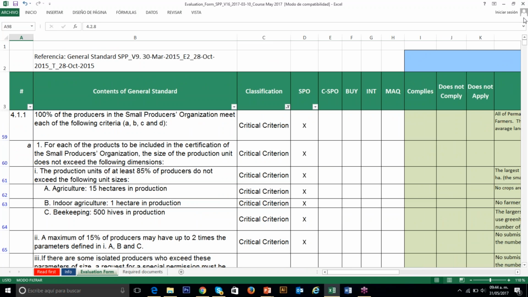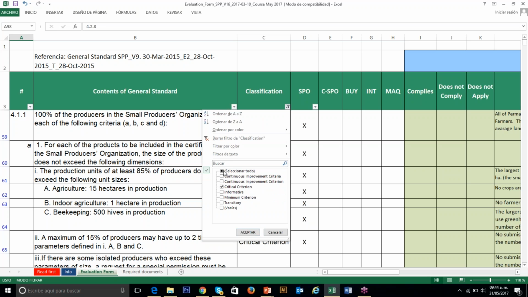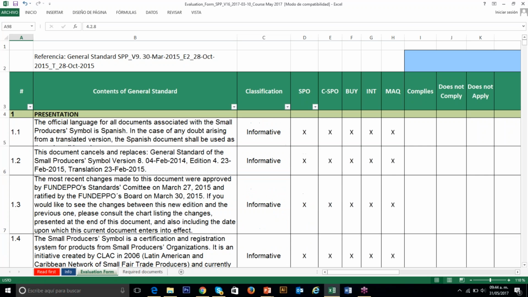As you remember, in the document-based procedure and in the complete procedure on site, the applicants have to complete this form as a self-assessment. The first part of the form is the general standard. It's the same. We have copied the general standard in this form with the different kinds of criteria: the informative, critical, minimum, and continuous improvement criteria.